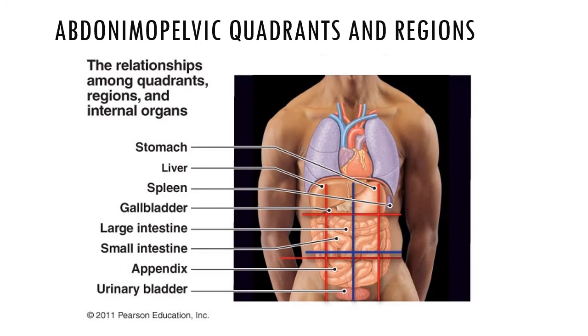Because if they're complaining of pain in this region, if you know your anatomy, you can say, oh, I know that this organ or these organs are in that region. That's probably what's wrong with them. So we're going to go ahead and cover the abdominopelvic quadrants and the different regions and the organs that are found in each one.